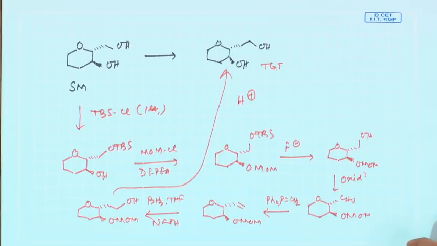So, in this way, just by using selective protection and deprotection, you can basically play with the target molecule and try to correlate with the starting material, how the starting material can selectively be used or functionally manipulated to the given target.